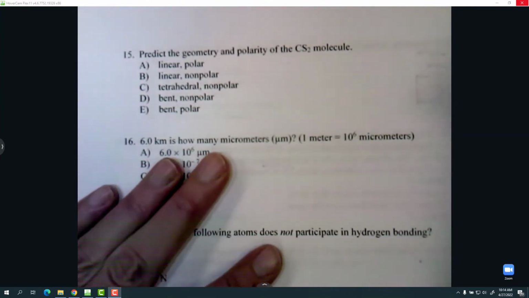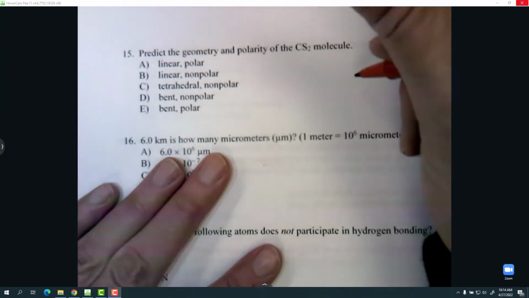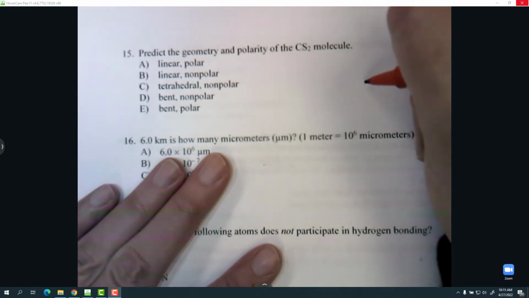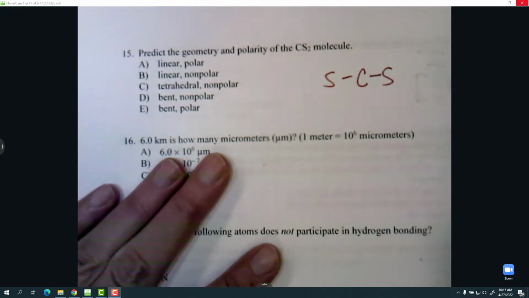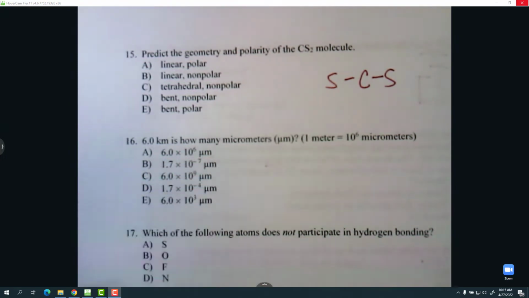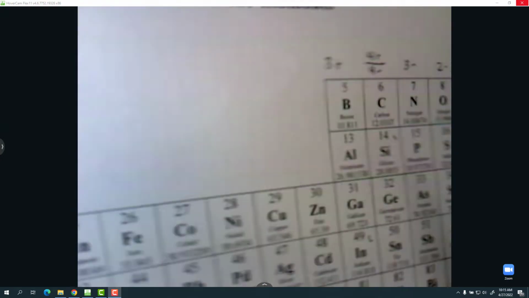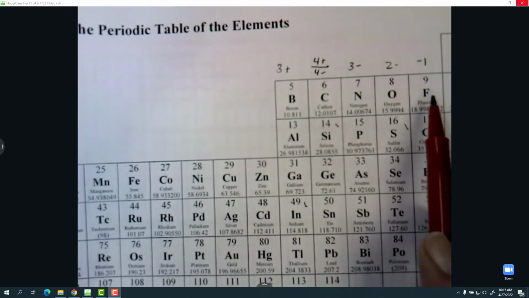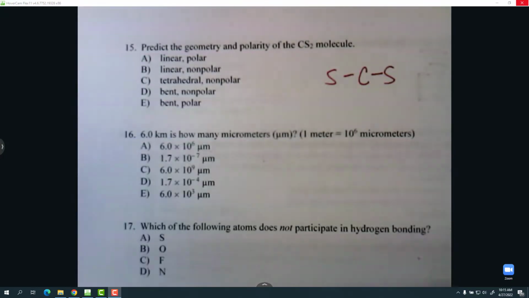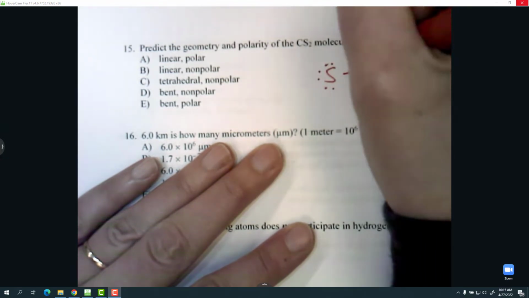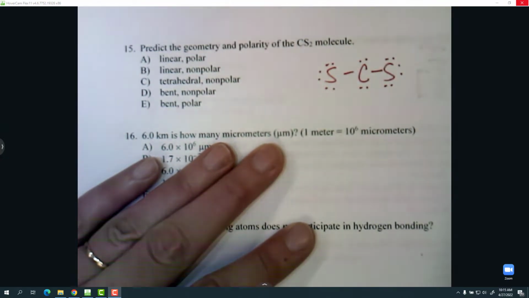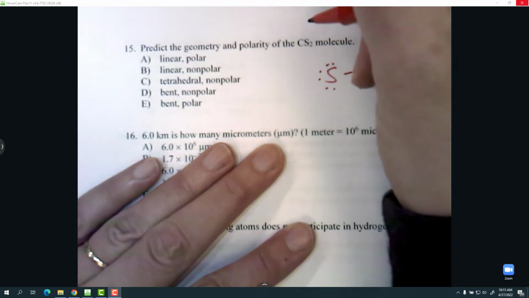Predict the geometry and polarity for CS2. All right, so I'm going to need to draw it in order to figure both of those things out. I'm going to start with putting the least electronegative in the middle. That looks like it should be carbon to me, right? Carbon is further from fluorine. Sulfur is pretty close, so I think it should be carbon. Complete the octet on everything. Add up how many electrons I should have.